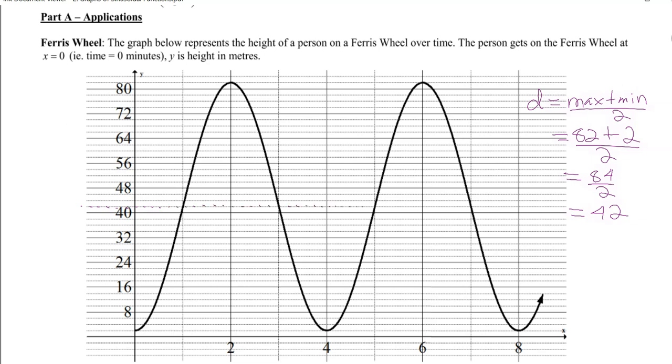But we want the radius. So the radius is the distance from the middle to the outside. So how far is it from the middle to the outside going up or down? From 42 to 82, or from 42 down to 2, is how big? 40.